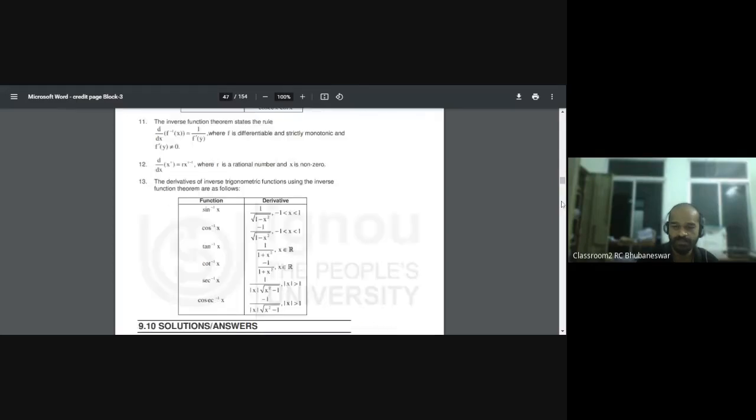And the same process will also be adopted to find the derivative of inverse trigonometric functions as well. Now you may visualize here in this table, all the derivatives of inverse trigonometric functions are listed. As you can see, the first function is sin inverse x. Again, using the same process of calculation or the definition of derivative, the result will be 1 by root over 1 minus x square.